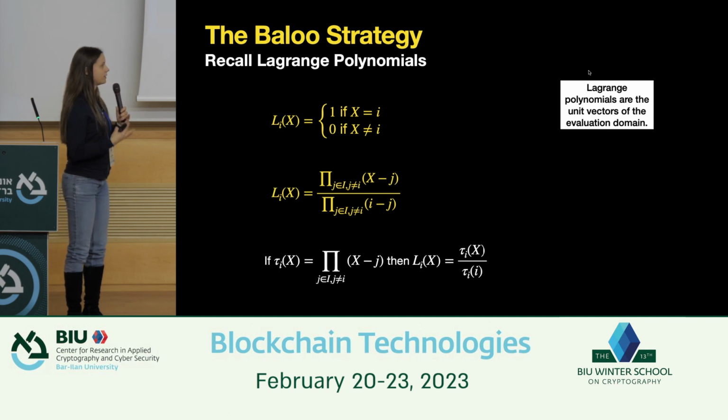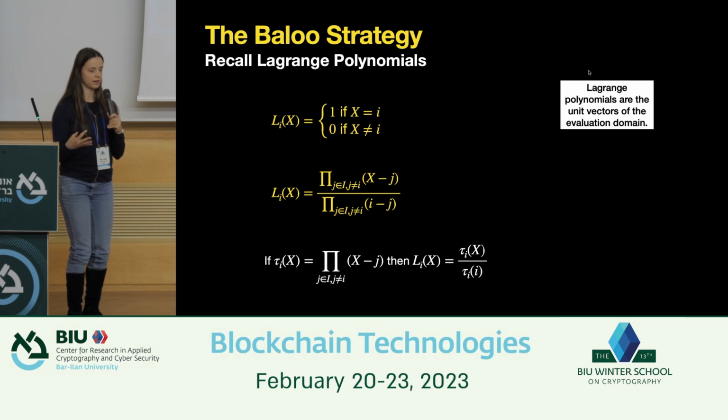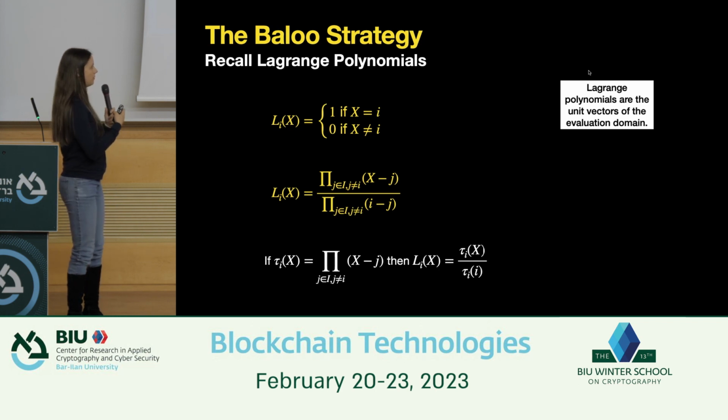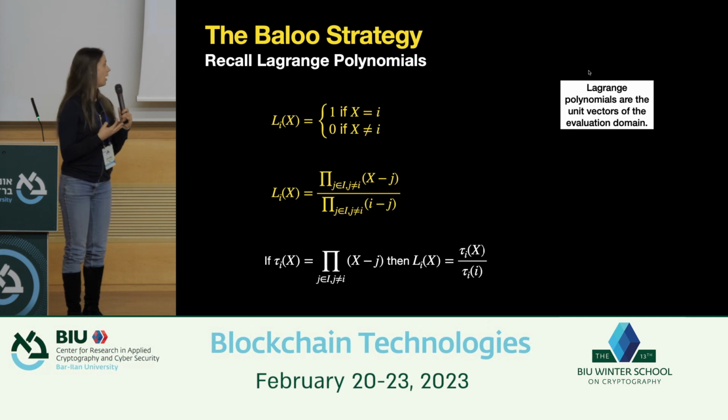I'm going to rewrite this slightly, and I'm going to say that we have the product that we're interested in, the product of x minus j for all j not equal to I in the domain. Then the Lagrange polynomial is going to be equal to tau I of x divided by tau I evaluated at I. This is just a more convenient way of thinking about it for the sake of Baloo.